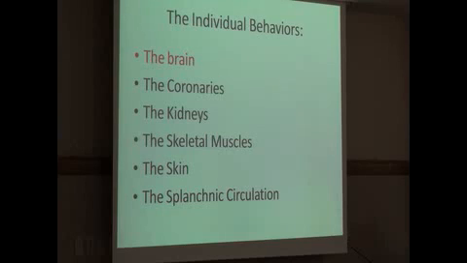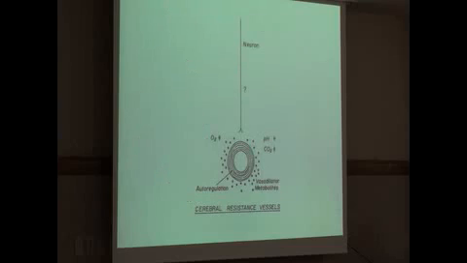Okay? For example, if we go at the brain, we don't really know how well or if the brain blood vessels are innervated. The brain blood vessels are pretty independent. Their major regulations are metabolism of the brain cells and autoregulation.